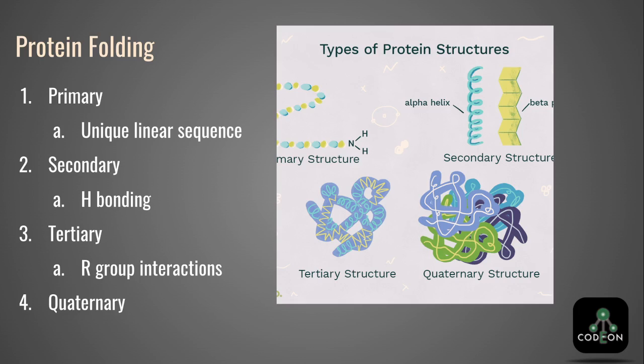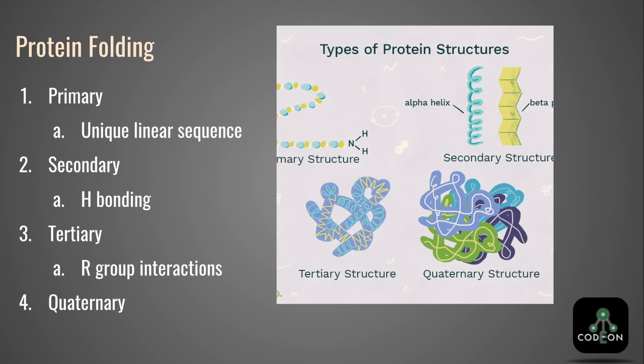The secondary structure, moving on, is essentially formed when hydrogen bonding occurs between the amino acids. Now, this is not going to be on the R group, which is basically the unique section to each amino acid, but it's going to be through a lot of times the backbone of the polypeptide chains.